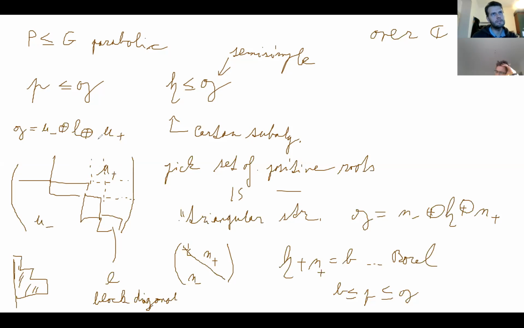Here you can see that U plus is upper block triangular, so in particular it's nilpotent. But moreover, there is a grading. Let's call this G1, so matrices with entries in these parts.